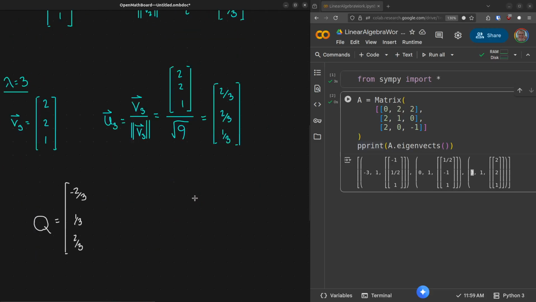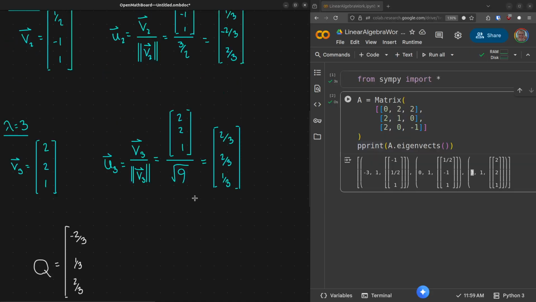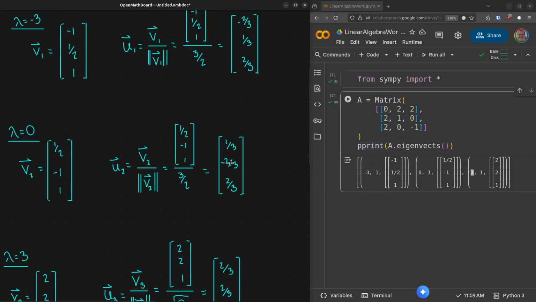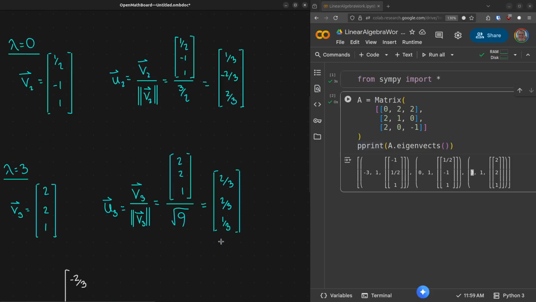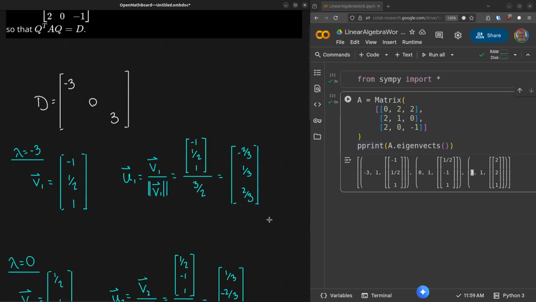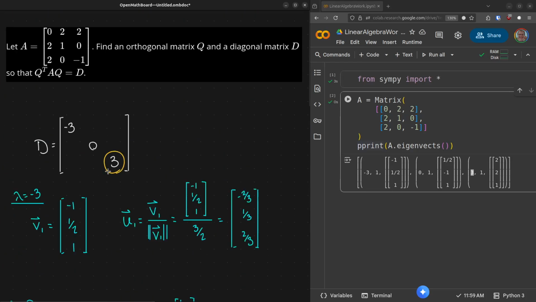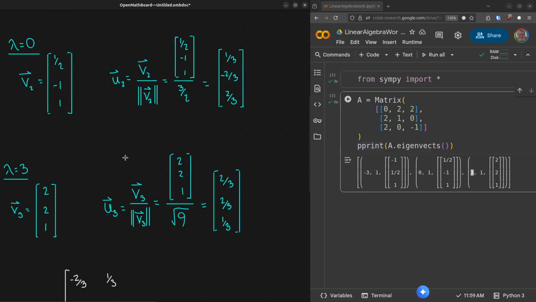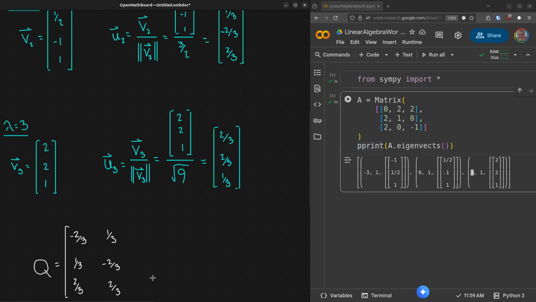That's going to be my next column in matrix Q. And then since my final eigenvalue is 3, I want my final column in matrix Q to be the unit eigenvector associated with that eigenvalue.